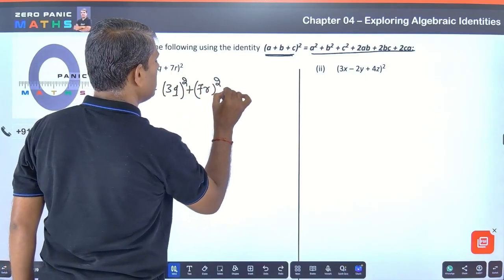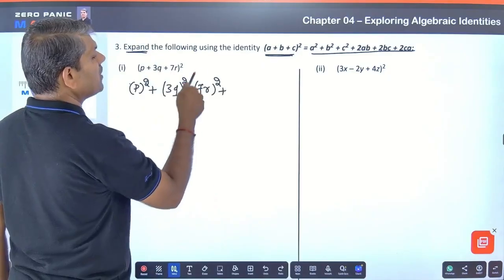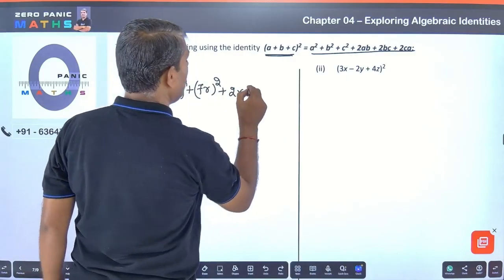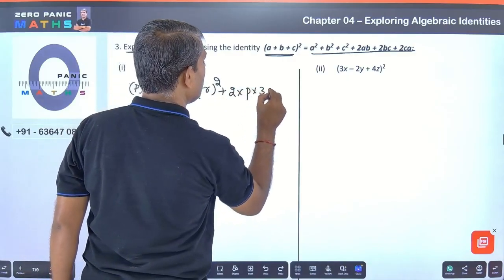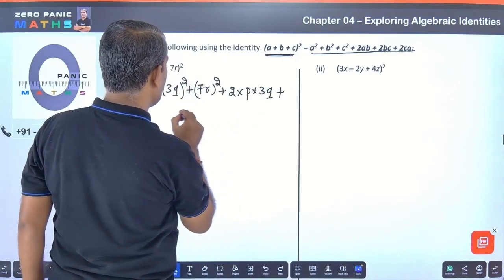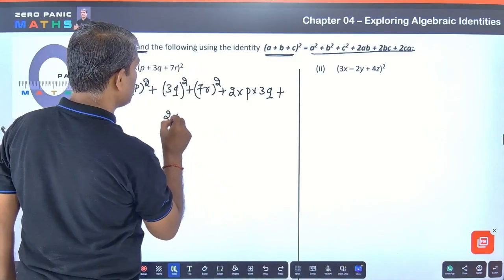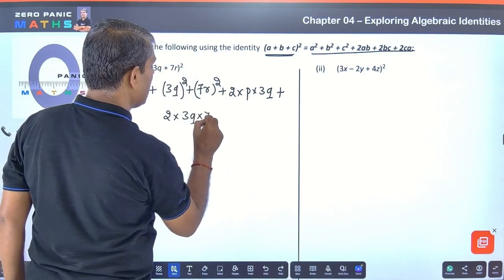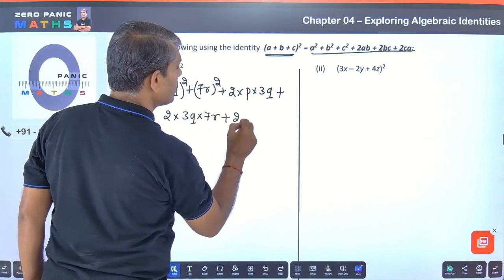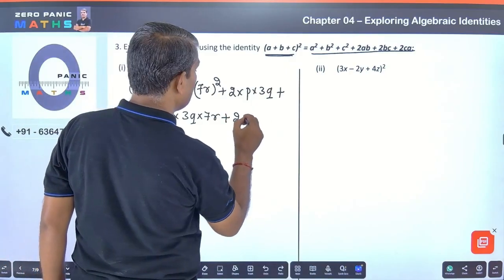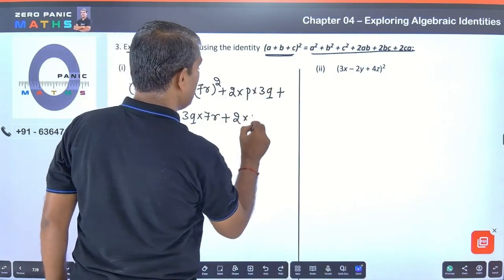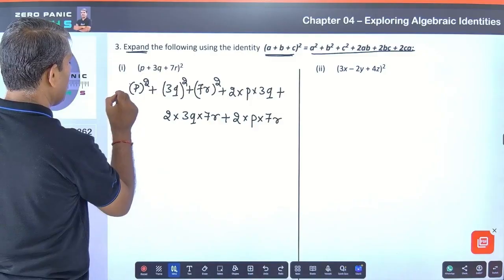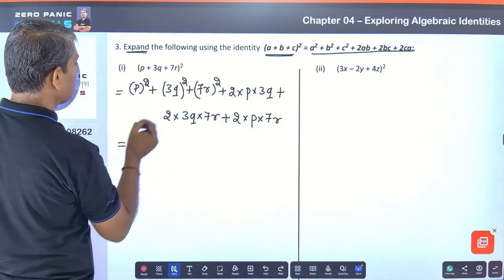It is a square plus b square plus c square plus 2 times ab, that is p into 3q, plus 2 times bc, that is 3q and 7r, and 2 times ac or ca, that is p into 7r. So just multiply all these terms, you will get the expanded version.